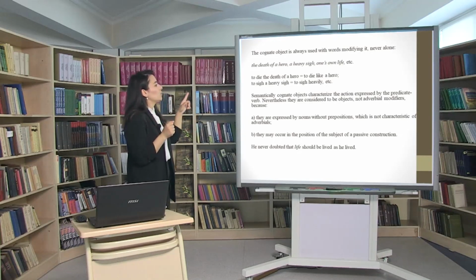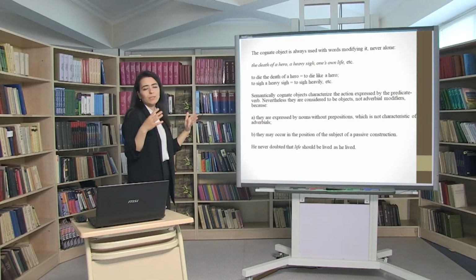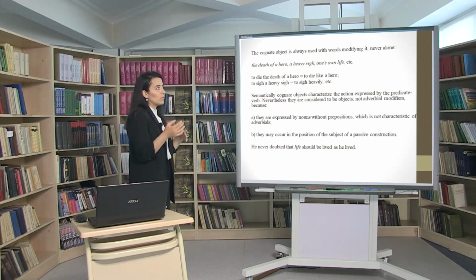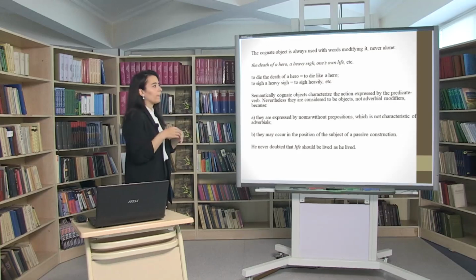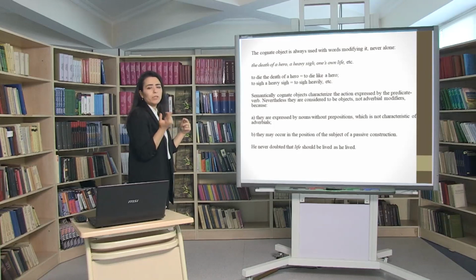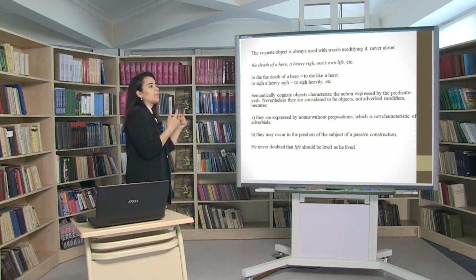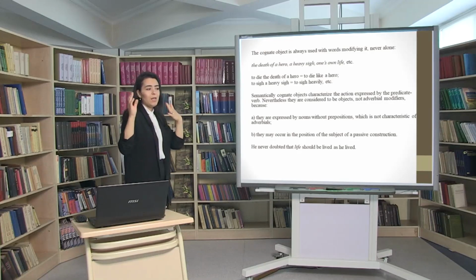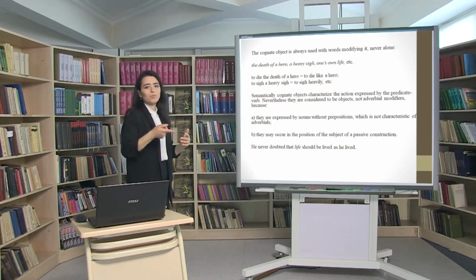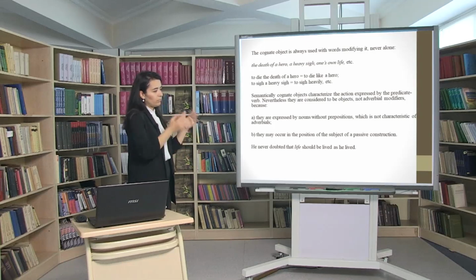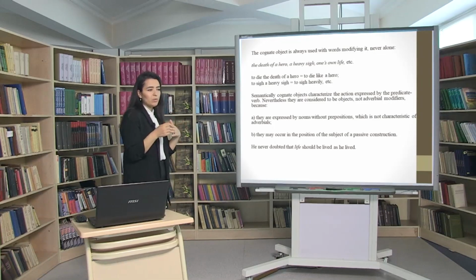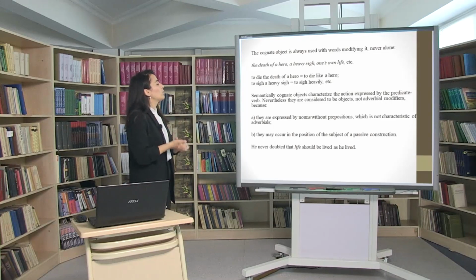To sigh a heavy sigh is equal to sigh heavily. In order to express this sentence in another form, we can use adverbs to substitute for these objects.